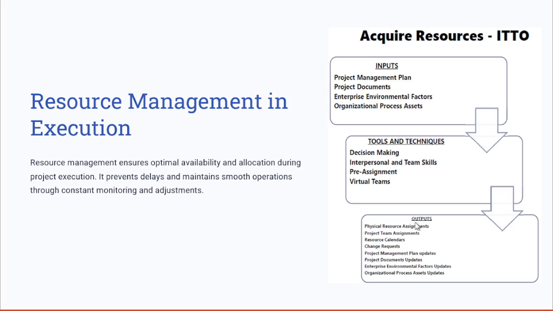The outputs include the physical resource assignment, where you assign to each of the activities in your project a specific material or human resource to complete that task. Then you have the project team assignment, the resource calendars, the change requests if needed, the PMP updates, and the project document updates if needed, including any updates related to the EEFs and the same goes for the OPAs.